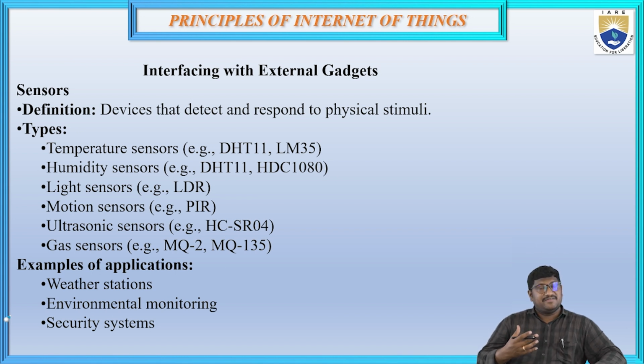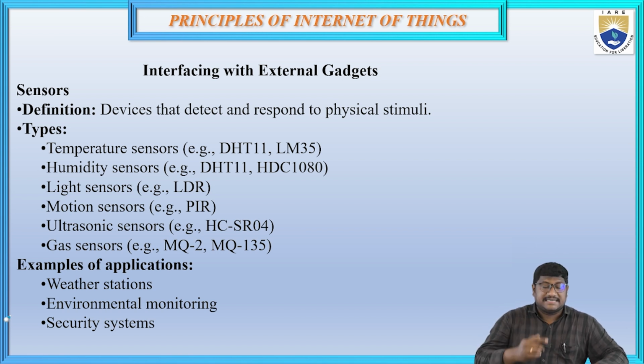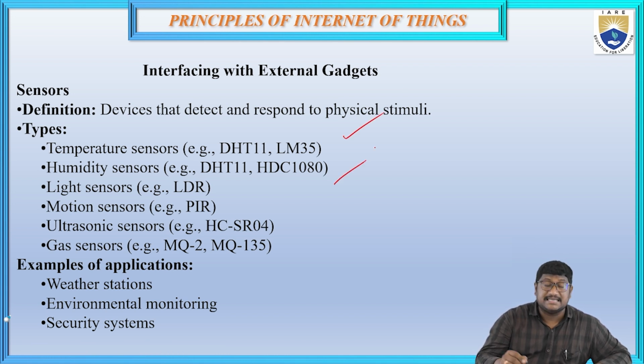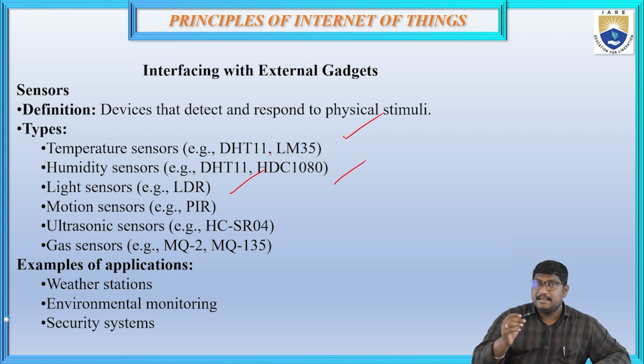The best definition: here I am using devices to detect and respond to physical stimulation. And what are the different types? Temperature sensor, example DHT11, LM35. Humidity sensor, example DHT11 and HTU21D. And coming to light sensor, example LDR.